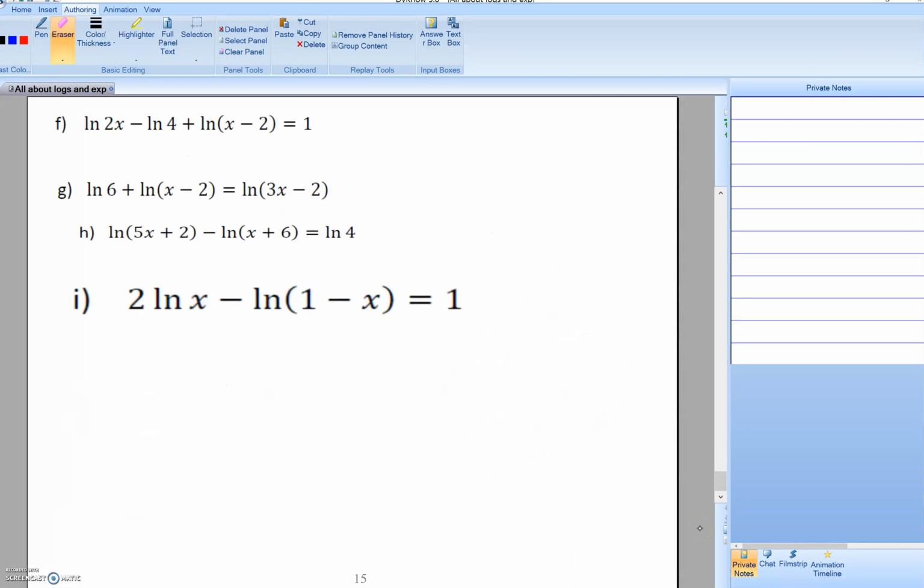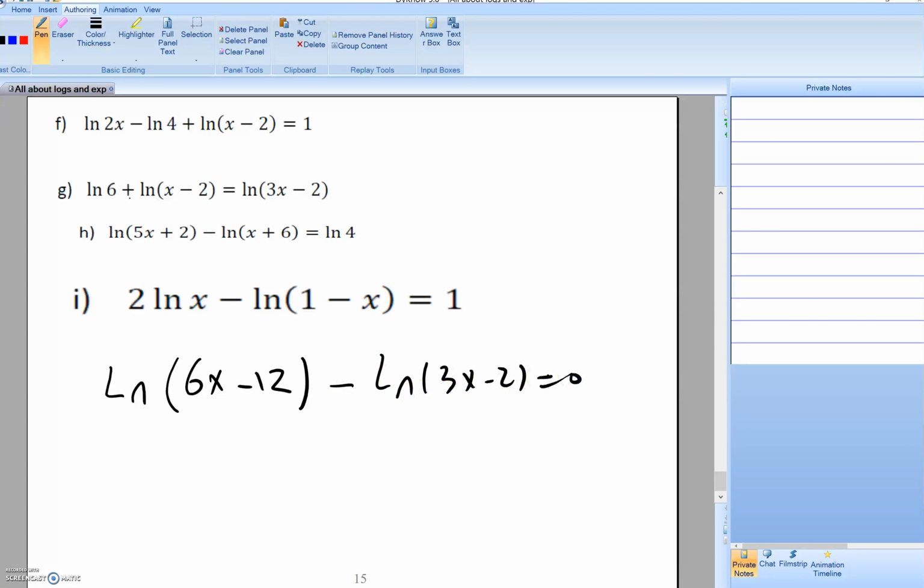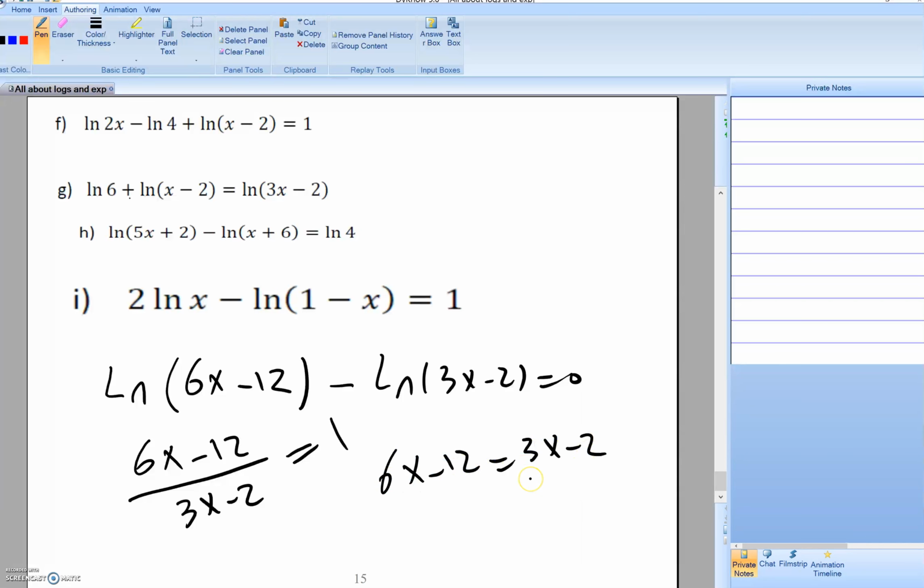So for example, for one of these here, this is ln 6x minus 12, so I multiply because I have the plus, and then the minus ln 3x minus 2 equals 0, and then I can say, okay, 6x minus 12 divided by 3x minus 2 is just e power 0, which is 1. Okay, and then I just have 6x minus 12 equal 3x minus 2, and I just need to solve it. So this goes to this side, this goes to that side. I'm going to do them in the class.